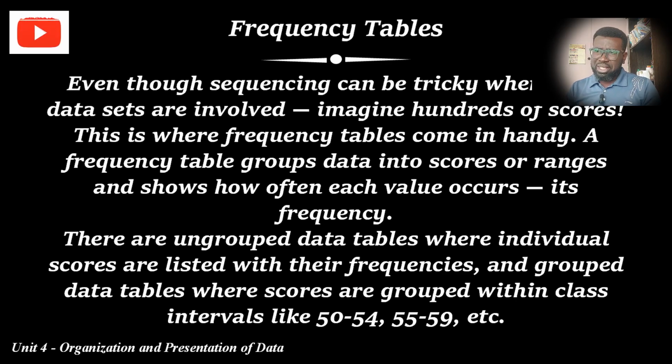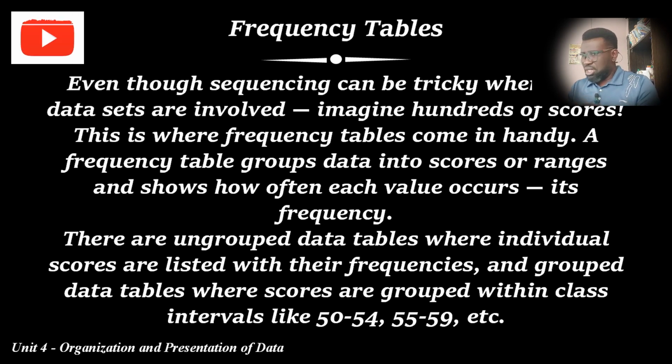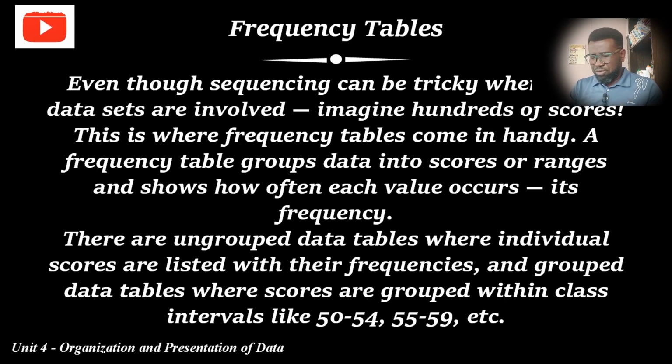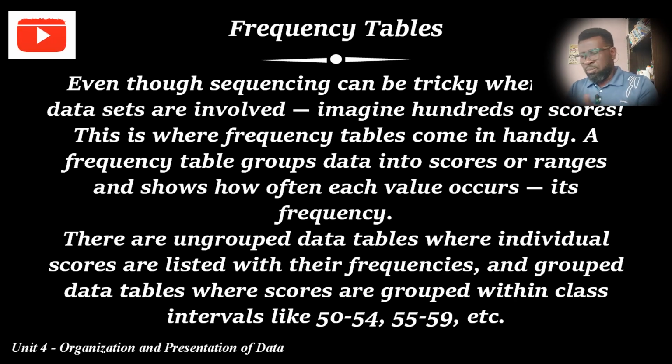There are ungrouped data tables where individual scores are listed with their frequencies, and grouped data tables where scores are grouped within class intervals like 50 to 54, 55 to 59, 60 to 64, 65 to 69, 70 to 74, 75 to 79, and so on and so forth.